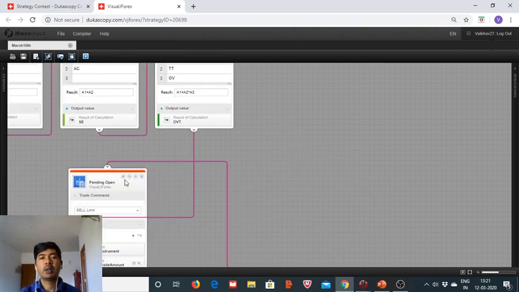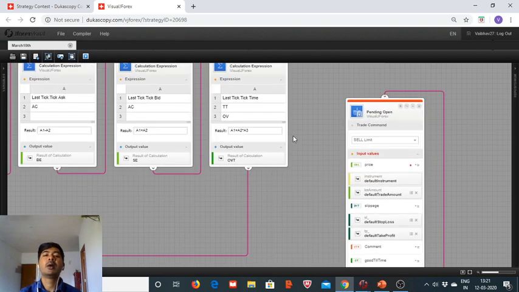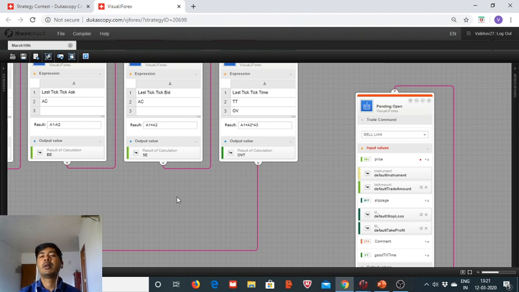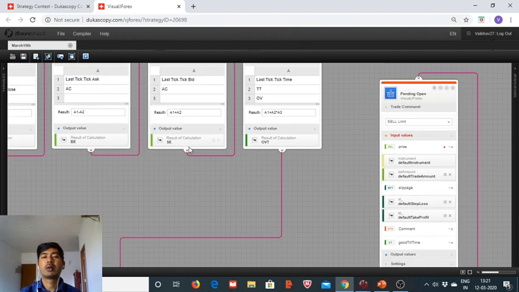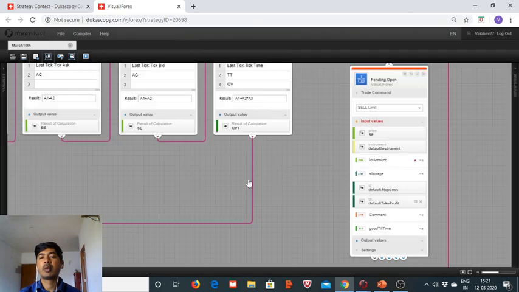And now we take the sell value, the last tick bid increased by 10% of the ATR. The instrument will remain the same. Amount will be set at 0.1 million.